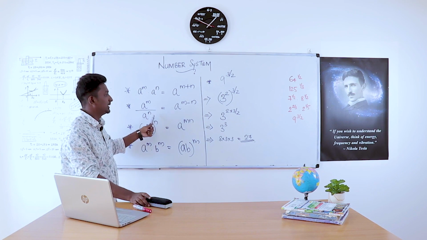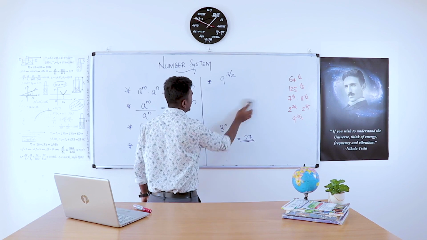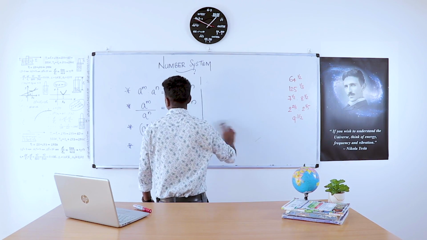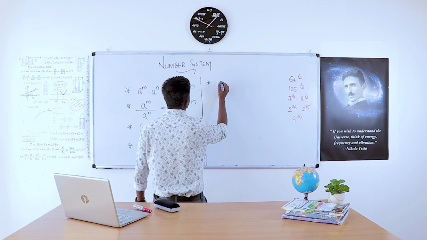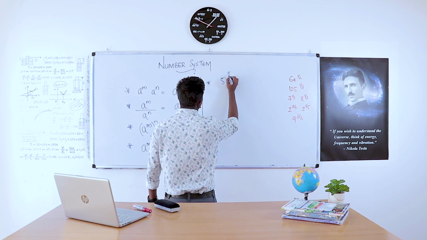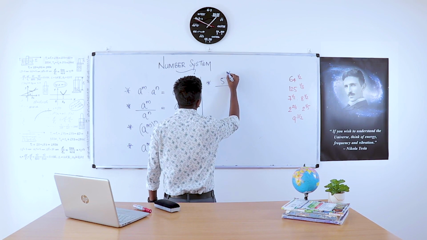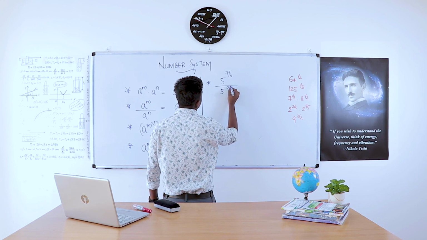Okay, I think all the results we have covered. No, a raised to m by a raised to n we have not covered yet. So we can go through one more problem. That is 5 raised to 7 by 3 by 5 raised to 2 by 3.